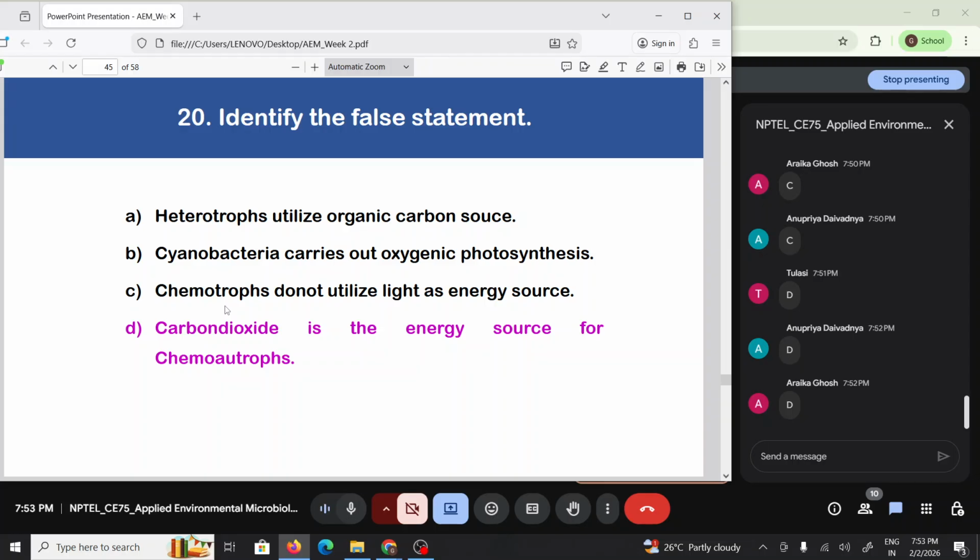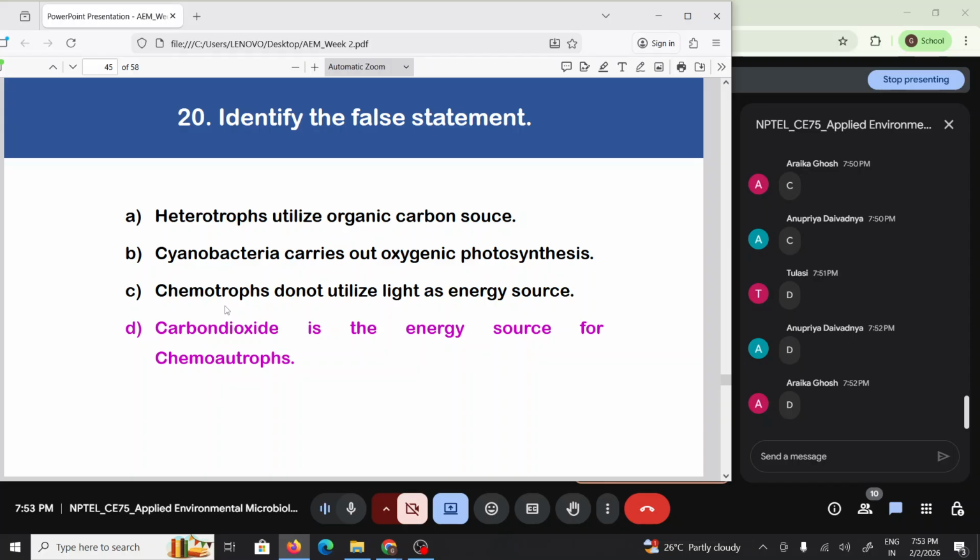To harvest the light energy using the oxygen, that is correct. And then chemotrophs do not utilize light as an energy source, yes, because they don't perform any photosynthesis, but instead they use chemical energy.